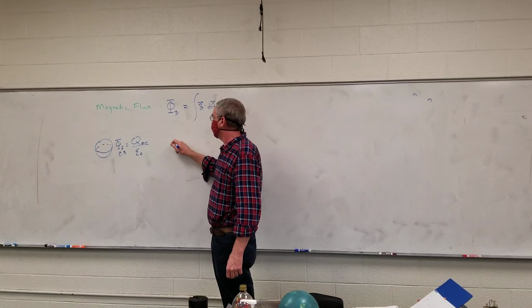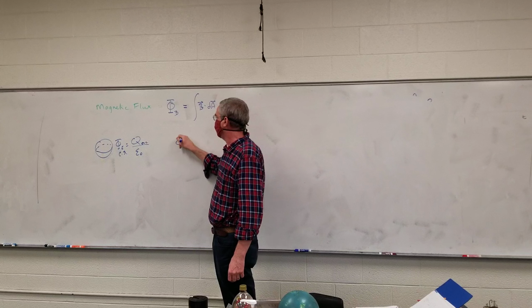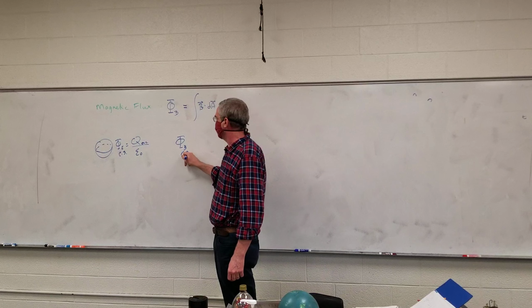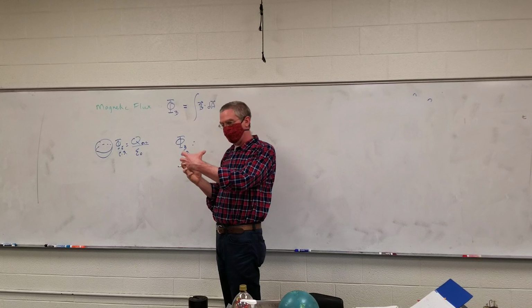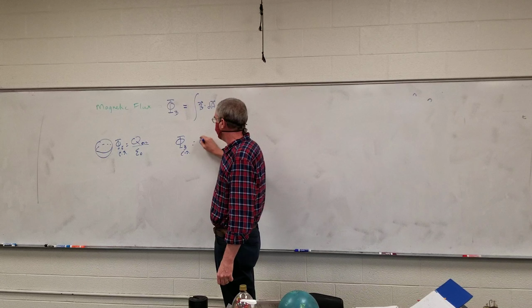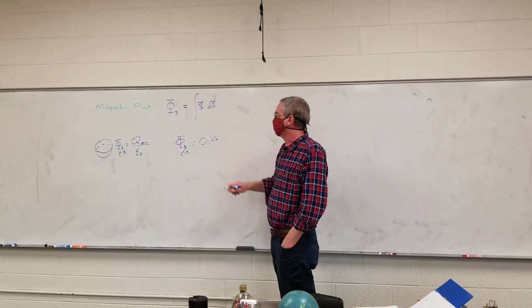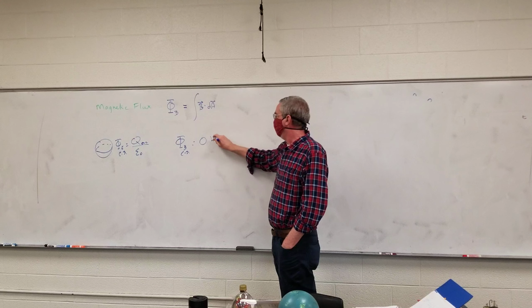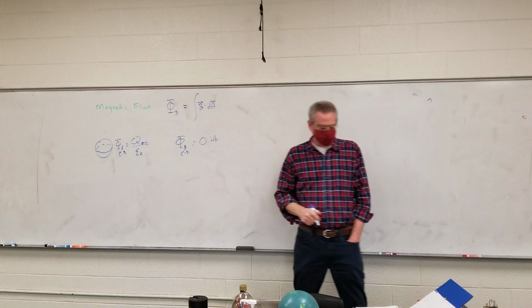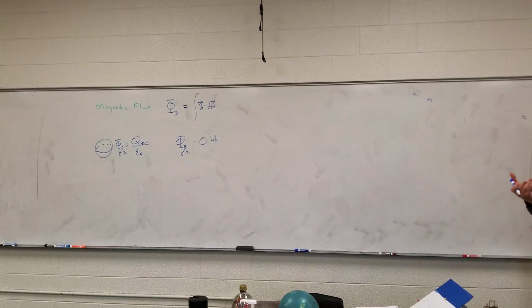So Gauss's law of magnetism says that the magnetic flux through any closed surface, since it'll always have a north and south together, is going to be equal to 0. But that's through a closed surface.